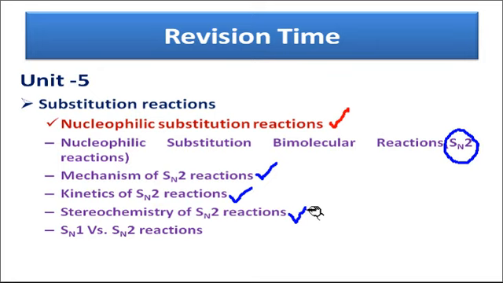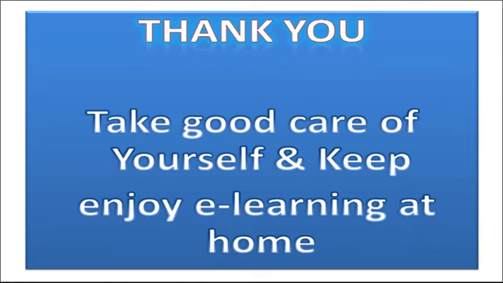Third, the SN2 reaction is always completed with inversion of configuration, which is known as the Walden inversion. So you must remember all these important points about the SN2 reactions. Then we have discussed the comparative study of the SN1 and SN2 reactions. So that's all for today's lecture.